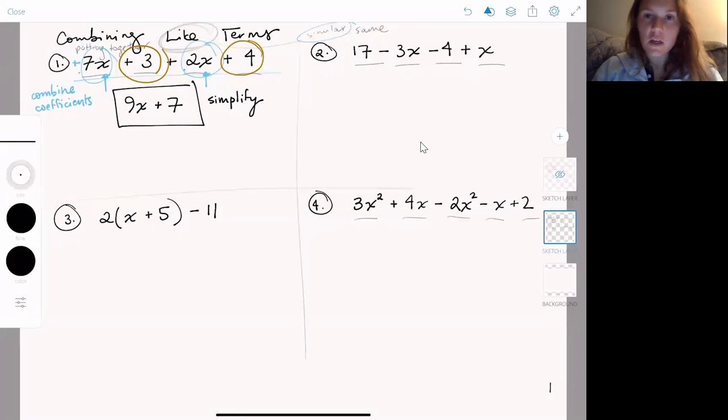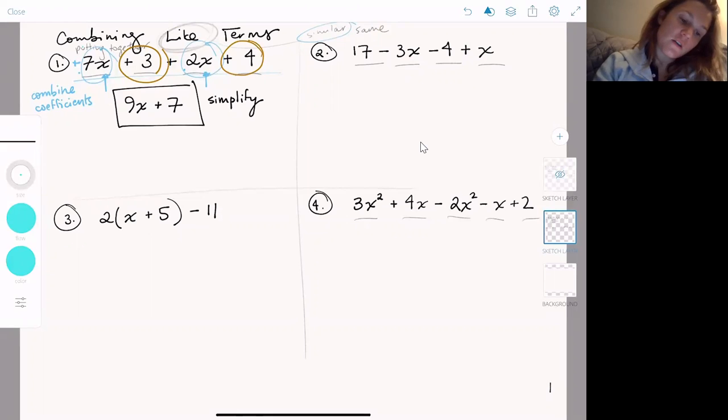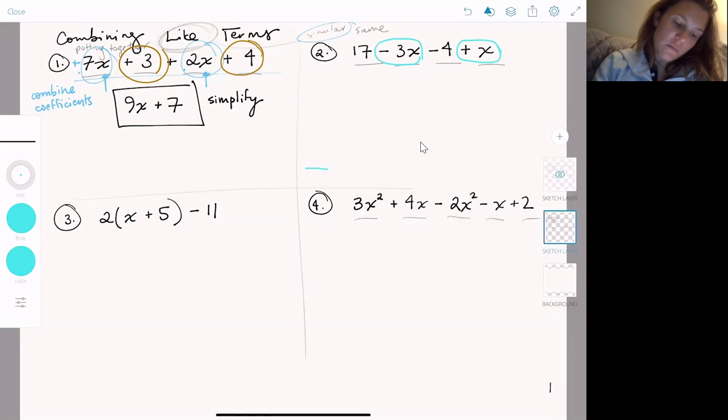Okay, so let's take a look at number 2 here. Same thing. So here I've got 3 negative x's and 1 positive x. So what we want to do is we're still combining our coefficients, but when I'm adding together a negative and a positive, I want to start out, so this is in the negative direction and this is in the positive direction.